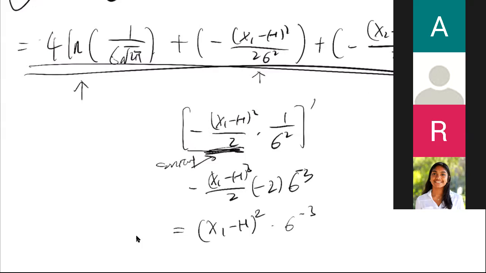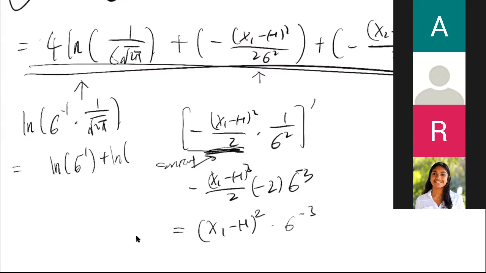And the first part, I forgot how to calculate that. We can treat it as ln of sigma to the -1 times 1 over the square root of 2 pi. So that's equal to ln of sigma to the -1 plus ln of 1 over the square root of 2 pi, and of course 4 times this.